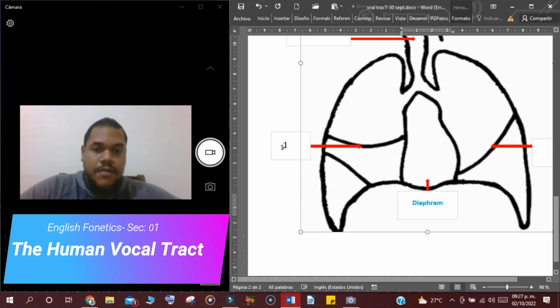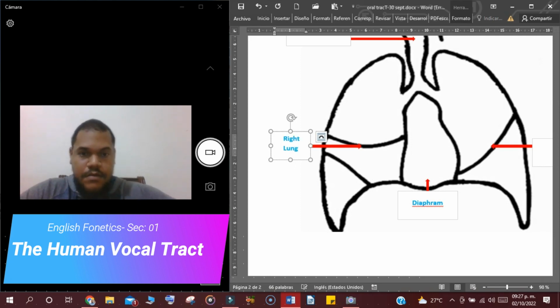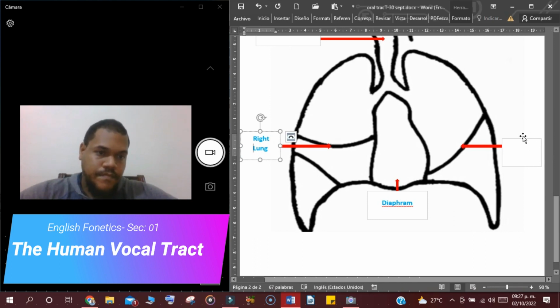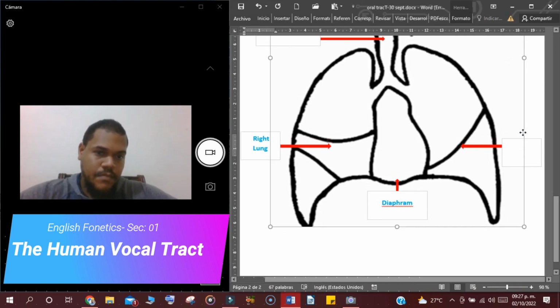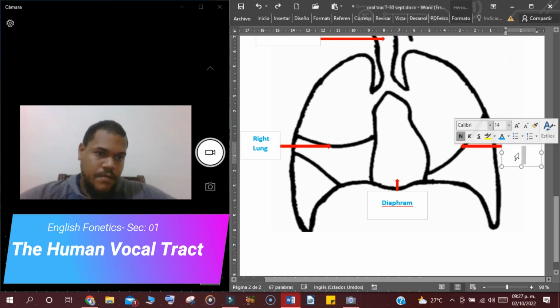So here we have the right lung, and the left lung.